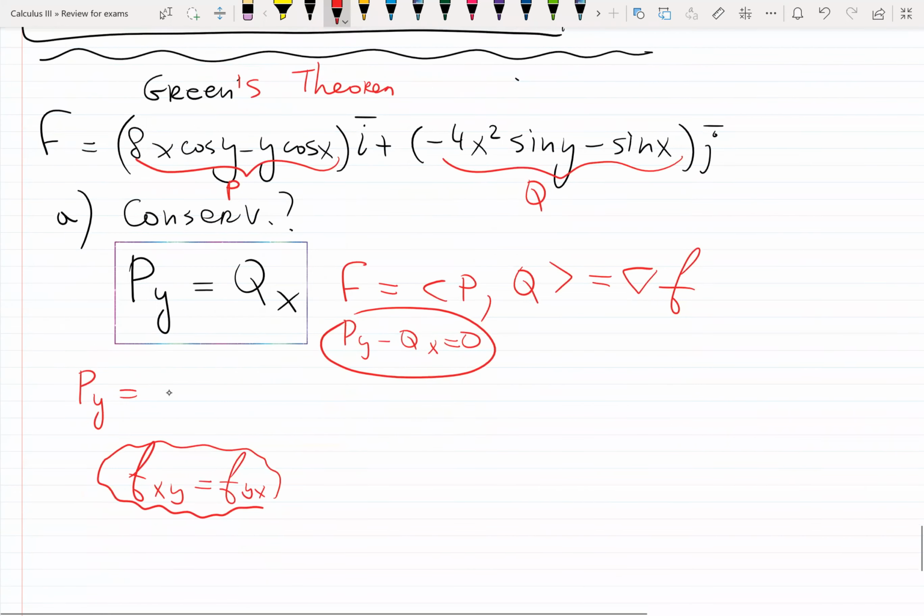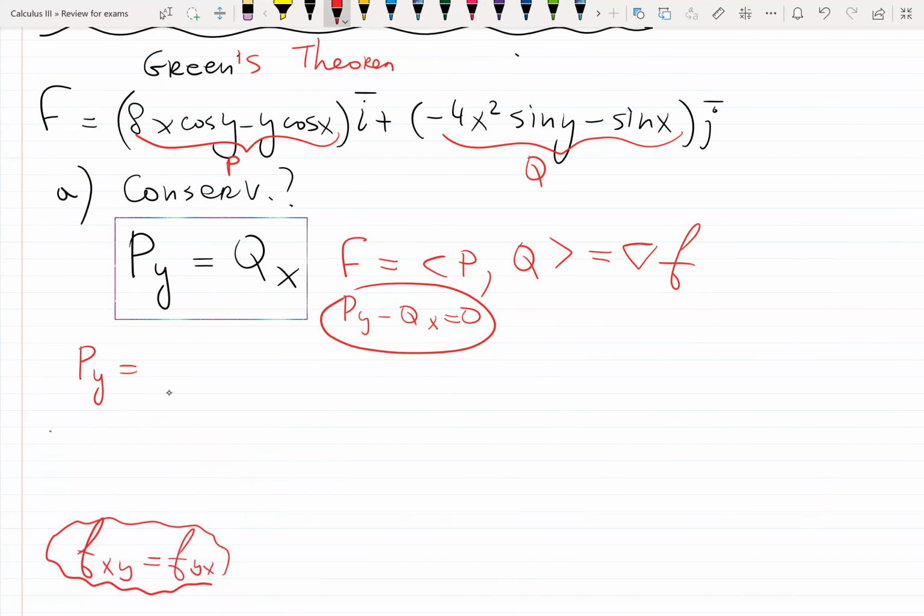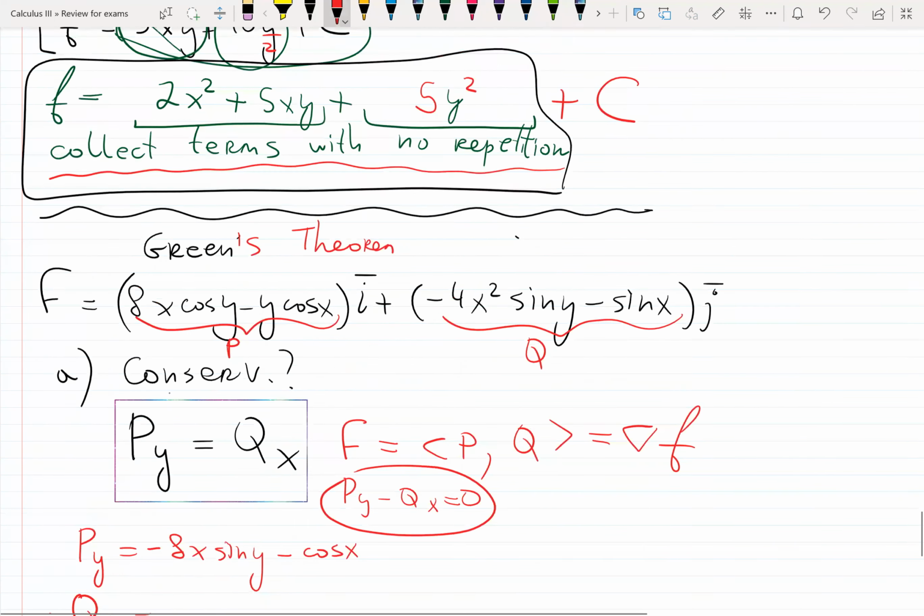So let's do it. Derivative with respect to y in this case is minus 8x sine y minus cosine x. You see, your brain's supposed to be good at jumping between differentiation and integration. We just integrated with respect to each variable.